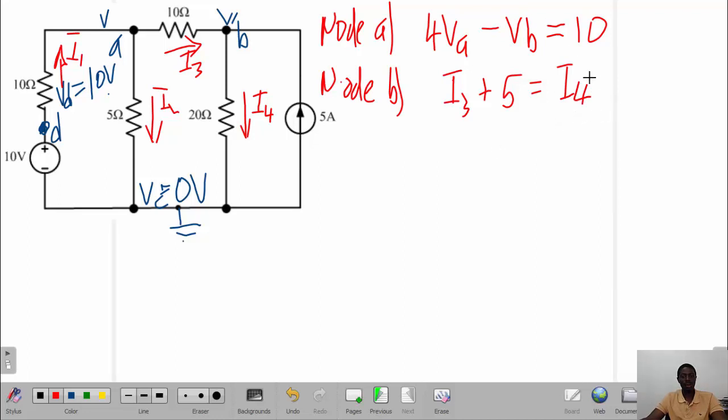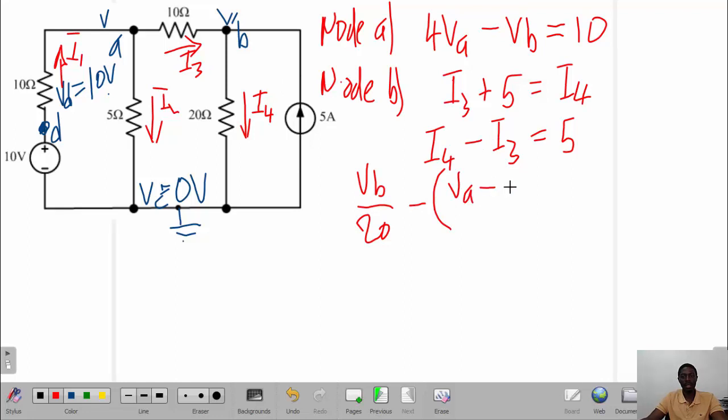Or we can simply say I4 minus I3 equal to 5. So what is I4? In this case, I4 is simply VB over 20, minus I3, which is VA minus VB over 10, and that equals 5.